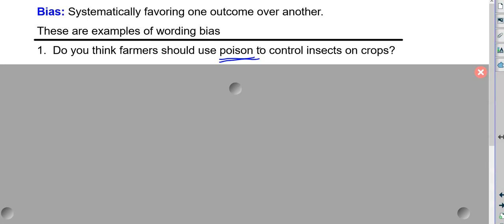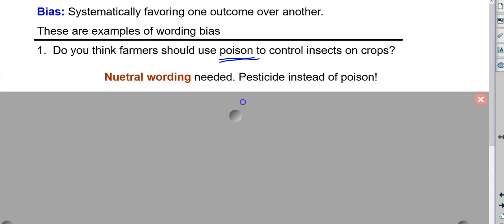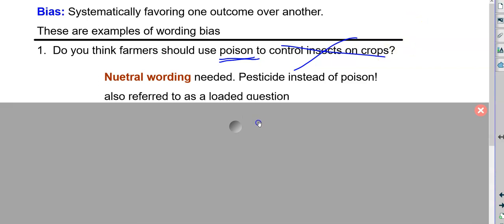Herbal insecticides or something, oh yeah, I think I would use that on crops. But poison, ooh, that sounds so bad. So neutral wording would be maybe a pesticide instead of a poison. If we gave a question like this, it would just be moot. The results would be nothing because it was a poorly worded question. And that happens a lot actually with polls.